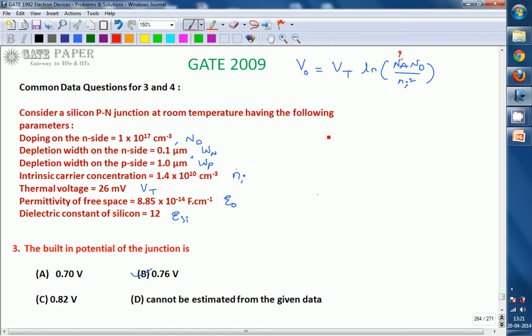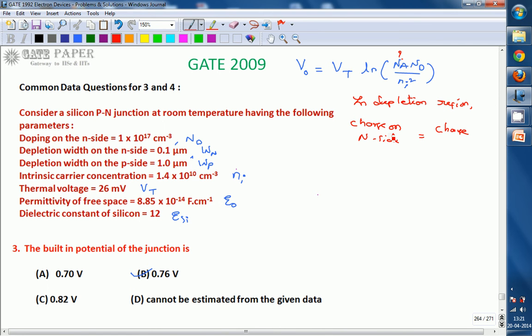Na can be calculated like this. In the depletion region, the charge on both sides is the same. The charge on the n side and the charge on the p side are the same. The depletion layer charge, that is the number of positive ions, is equal to the number of negative ions.